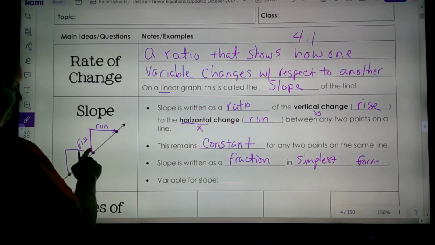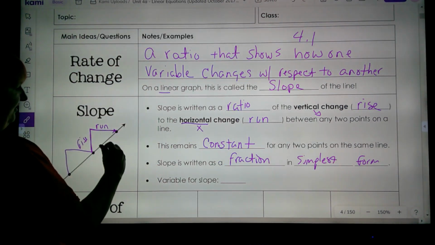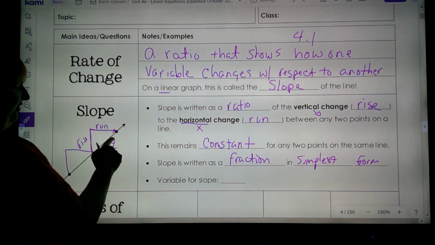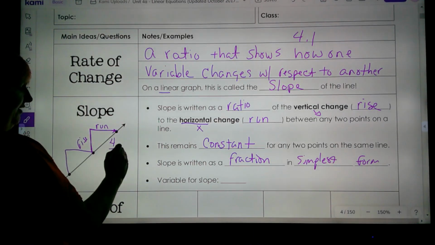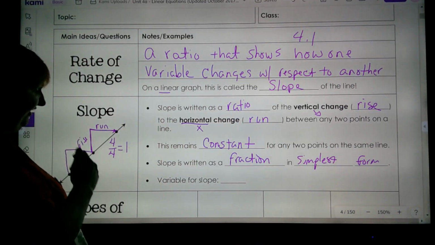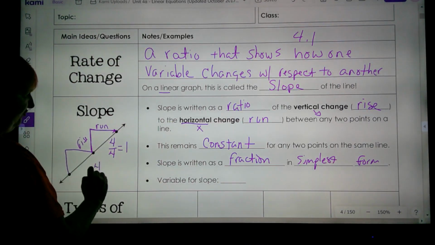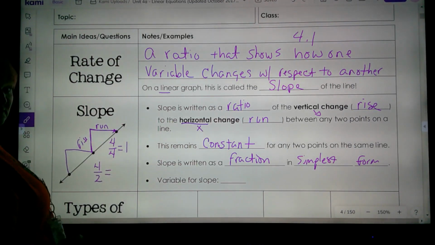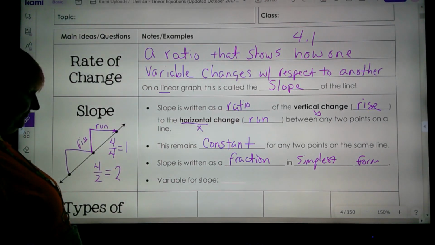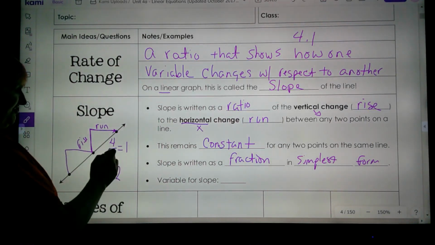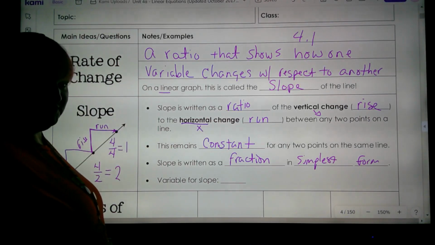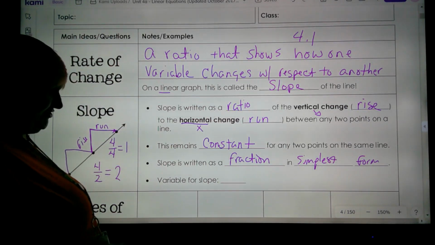So if your rise over run is 4 over 4, if you went up 4 and right 4, this is your slope. But 4 over 4 is 1. Simplify, right? If your slope is 4 over 2, 4 over 2 simplified is 2. Rise over run. Simplify. Your answer may still be a fraction, just make sure it's a simplified fraction.